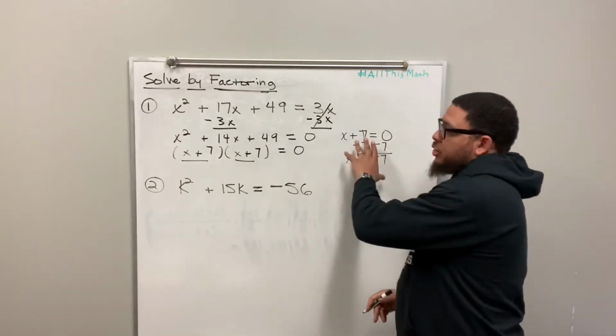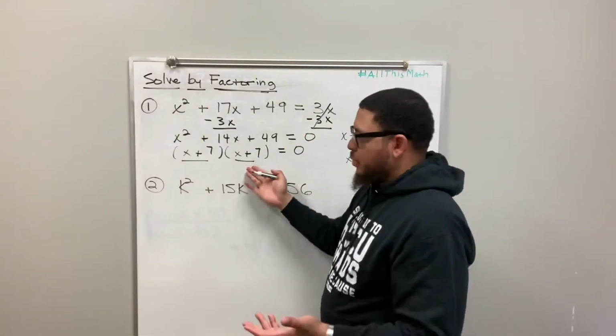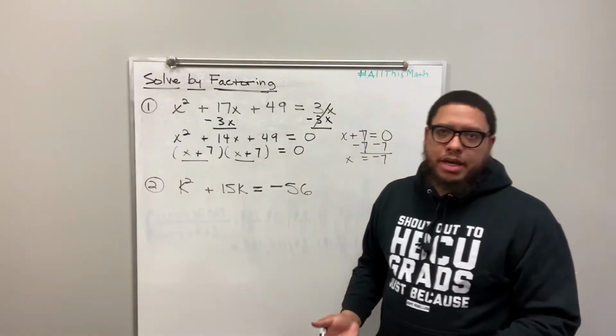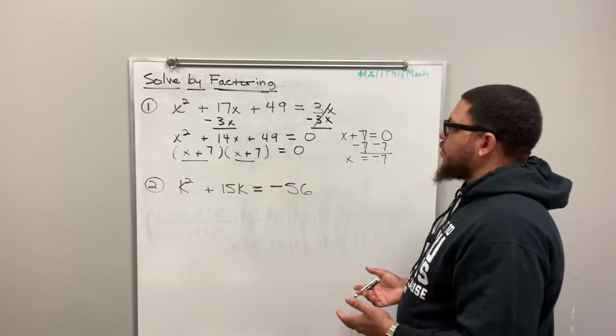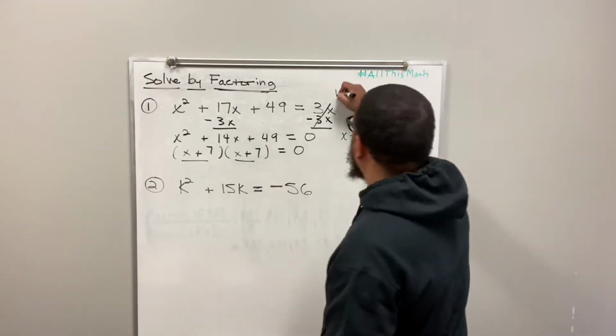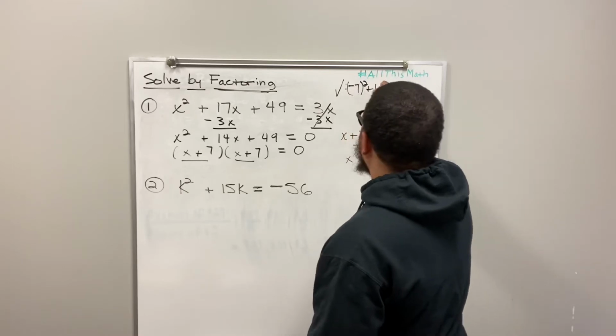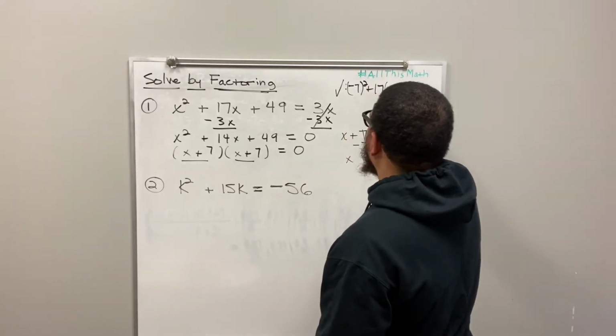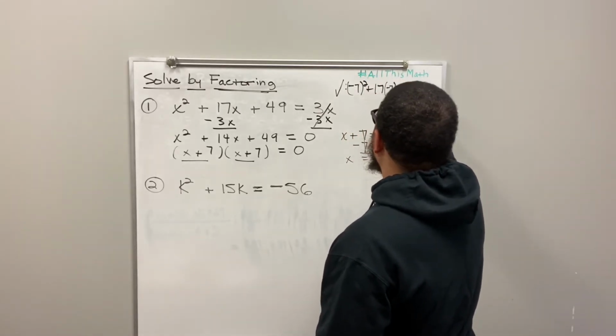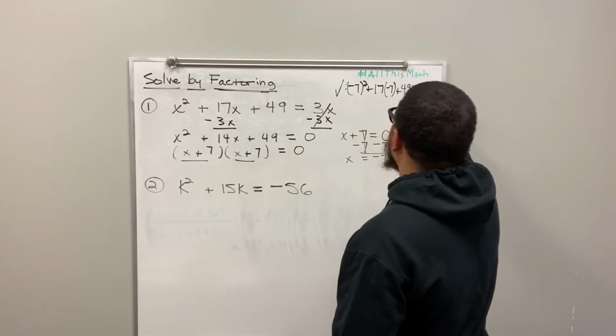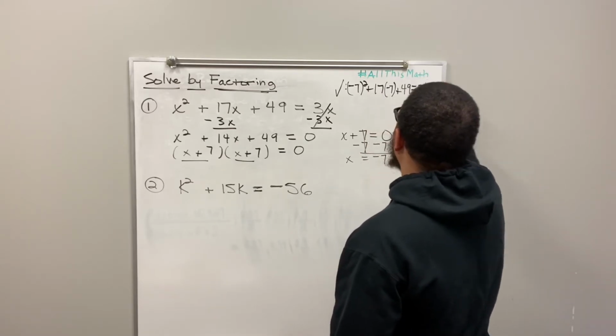I only need to do this once because if I do it again with the same factor, I'm going to get the same answer. So x equals negative 7. Now, let's check our work. That means that negative 7 squared plus 17 times negative 7 plus 49 should equal 3 times negative 7.